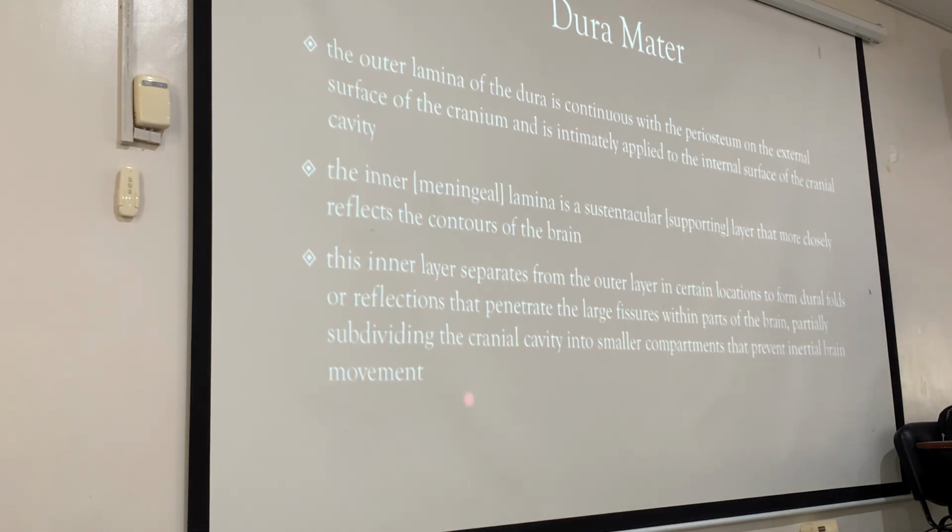So for example, between our left and right brains, there is a fold of dura that separates them. So if our head is shaken left and right, that fold of dura will help to stabilize the brain.